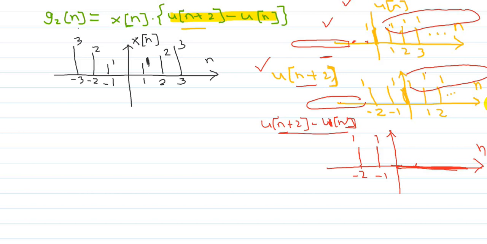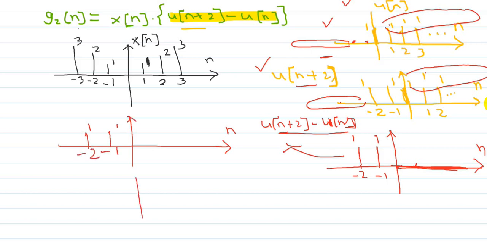Now what we will do is take this signal and multiply it with the signal x of n. Let me draw it here. Let's suppose this is your n axis, and at minus 1 I have 1 here, and at minus 2 I have 1 here. Okay, so the resultant signal is as follows.